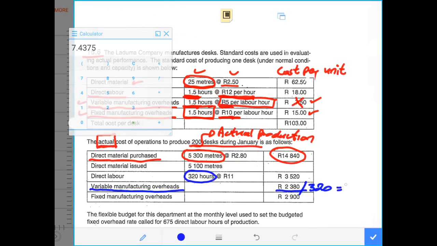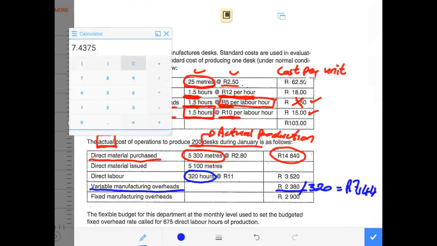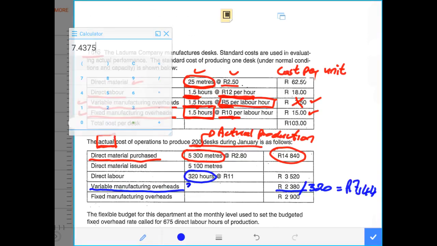This will give us 7 rand 44 cents. Let me just recalculate it: 2,380 divided by the total actual labor hours, which was 320. Therefore our variable overhead can be written as 320 hours at 7 rand 44 cents.